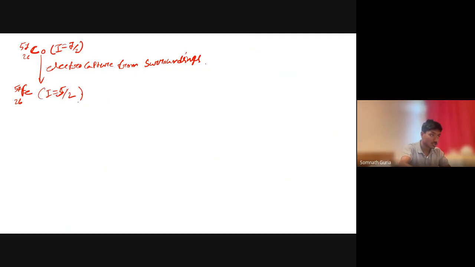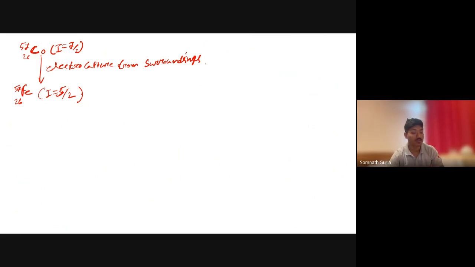Still, it needs to lose energy to get iron 57 with I equals 3 by 2, so it decays by releasing another gamma ray.